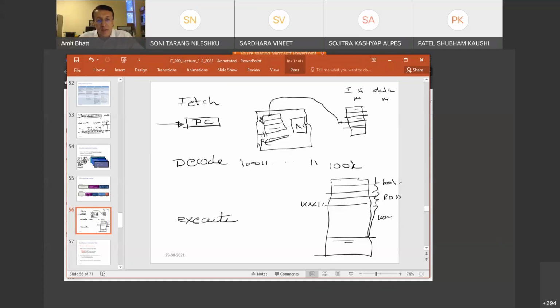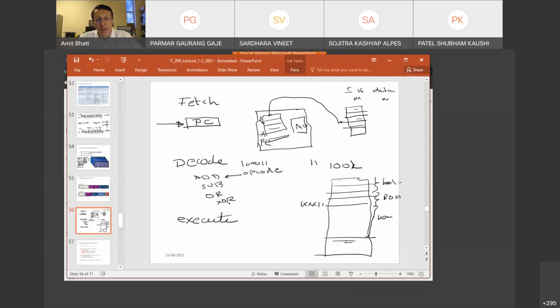But there is a hardware which is given over here, that the first 5 bits, that means the MSBs, the most significant bits, would be the opcode. The word opcode stands for operation code. So opcode means whether it is add, subtract, OR, XOR or whatever.